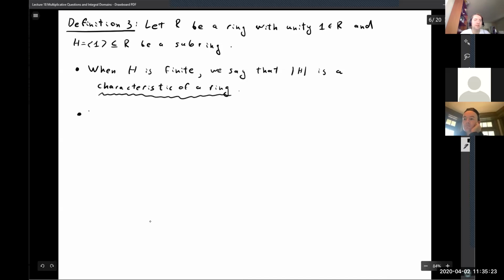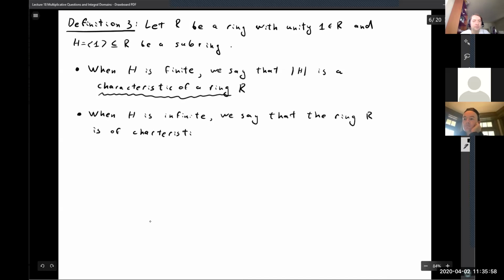And when H is infinite, we say that the ring R is of characteristic 0.